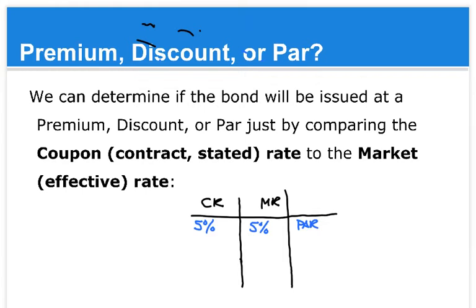That's the contract rate, but the market rate has gone up. Let's say the market rate is up to 6% now. Well, now we have a situation where the investor, the bondholder, is better off investing anywhere else in the market. So why would they want to buy this particular bond? The only way they would want to buy it is if they were able to get it at a discount.